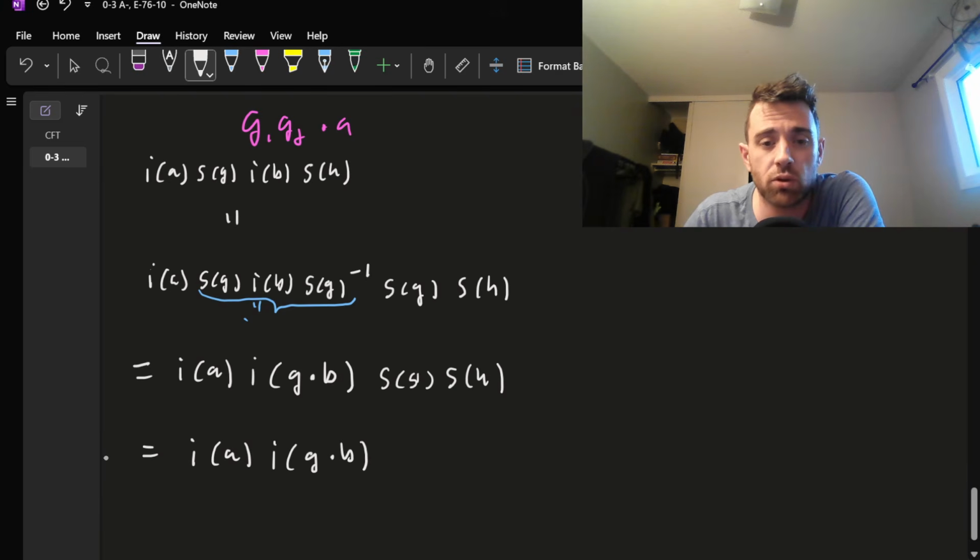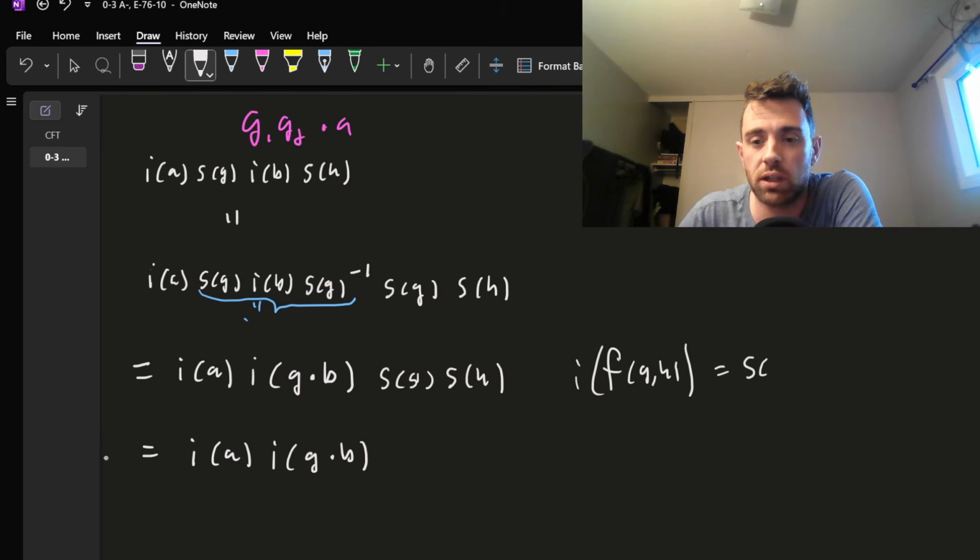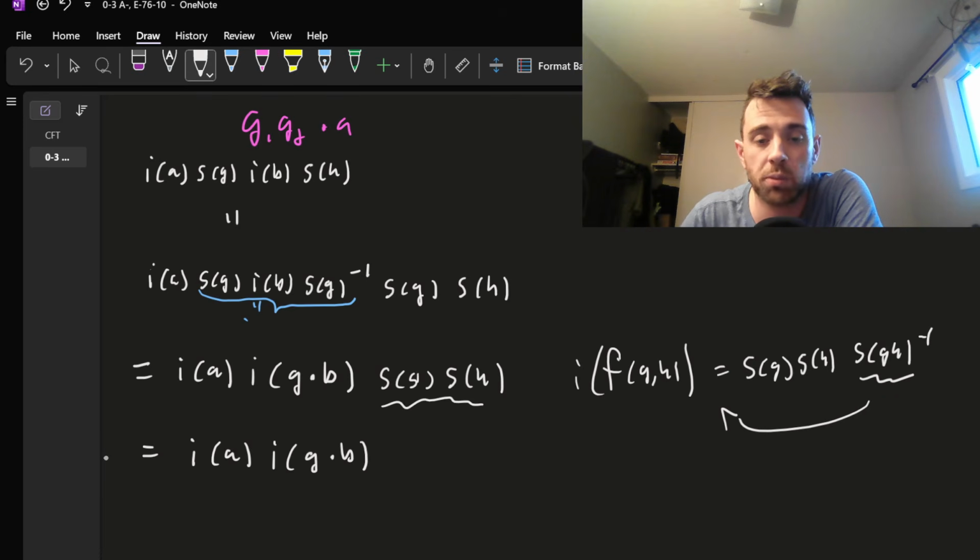And remember, we defined f to be the function where i of f(g,h) was going to be s(g) s(h) s of gh inverse. So if we move this second term over, we can replace this term with i of f(g,h), and now we have an s(gh) here.